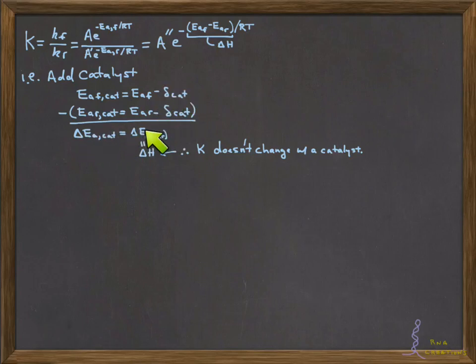And these are equal to each other, and as we set up here, that's also equal to delta H. And so we see that delta H, which is the temperature dependence of the equilibrium constant, is the same whether we have a catalyst present or we don't have a catalyst present. And therefore, K doesn't change with a catalyst.